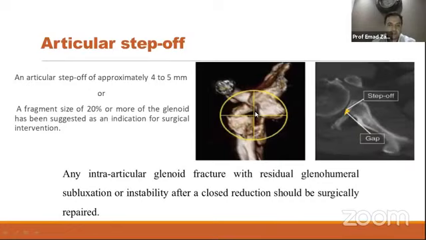So in any case of shoulder dislocation, whenever you suspect an occult fracture, you have to do CT to decide whether there is anterior rim fracture of the glenoid or posterior rim fracture of the glenoid.